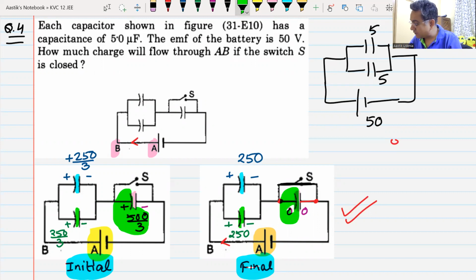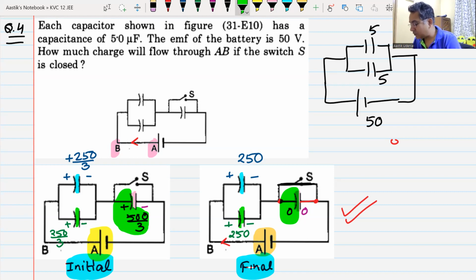Now this plate has 0 charge. So from there you can find out how much charge would have flown. This is one of the ways of finding out how much charge has flown.